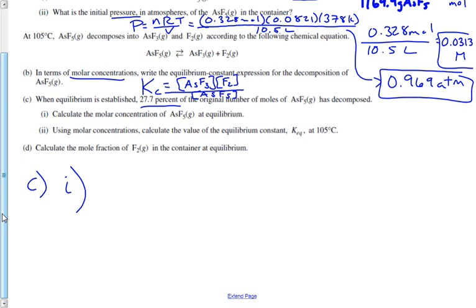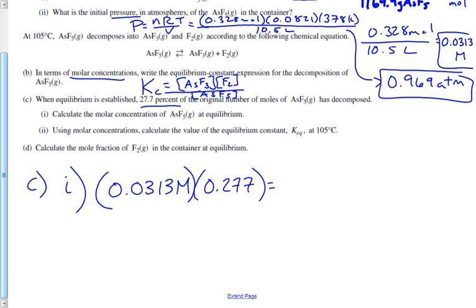Calculate the molar concentration. Is it 0.0313? Is this the original? Is that right? Or is that wrong?